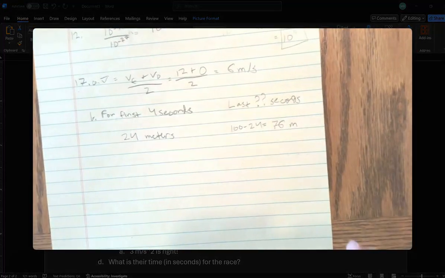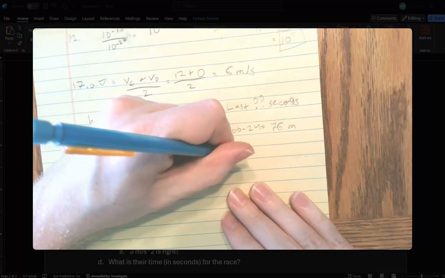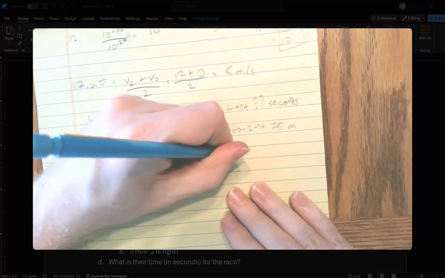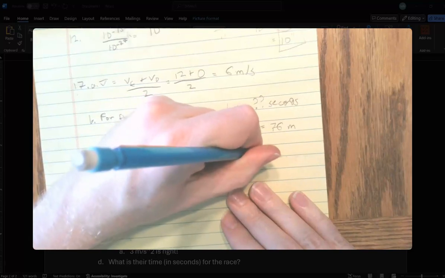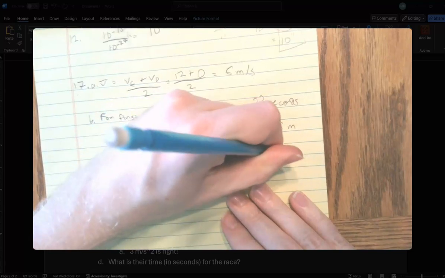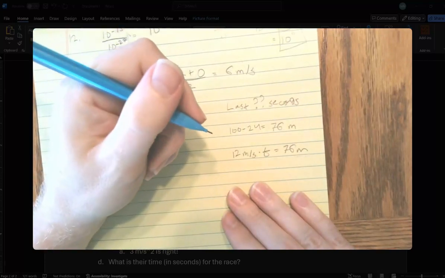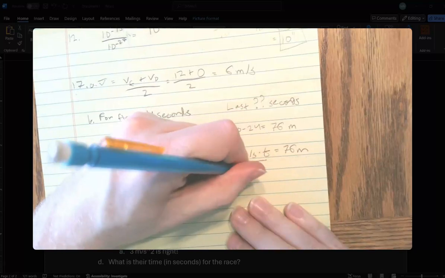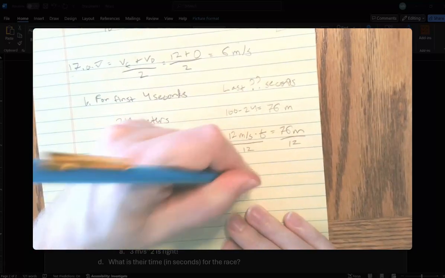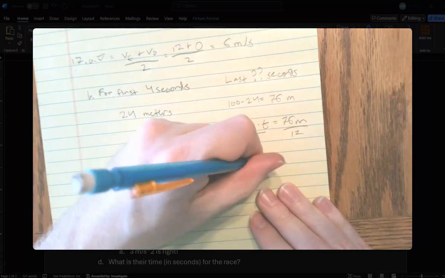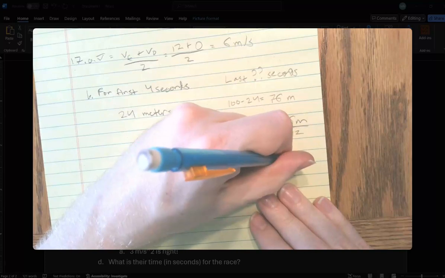So we have 12 meters per second times time is going to be 76 meters. Then we divide both sides by 12, which gets me a time of around 6.3 seconds.